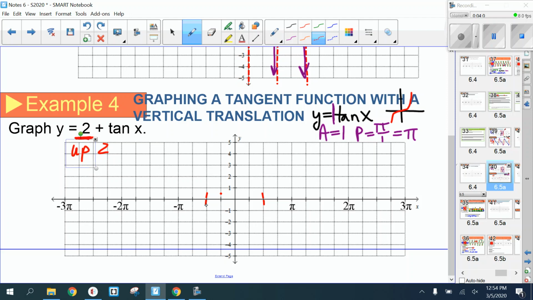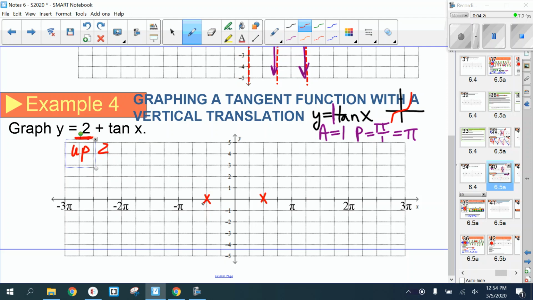Now, I could draw the asymptotes, but when there's shifting involved, you're going to end up sometimes having to shift the asymptotes too. So you might want to hold off on that. So what might be a good idea is, let's just call our asymptotes x's or something. We're going to have an asymptote there and there before the shifting, of course.